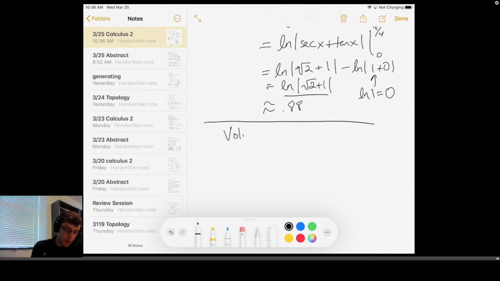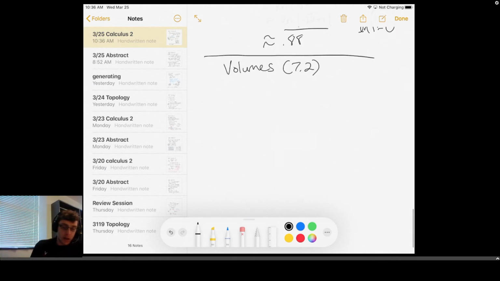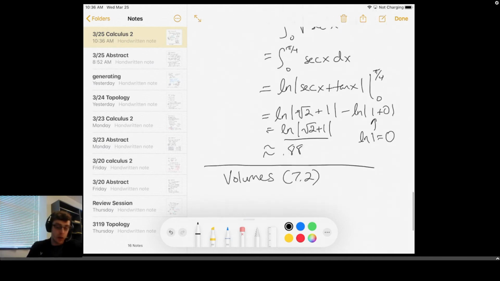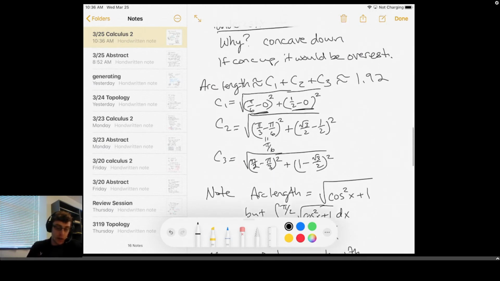All right, so volume, this is like 7.2 in our book, if you want to follow along. The idea here is, if we want to see how integration applies, then we want to be summing up things, because Riemann sums are how we get integration. It was the same thing with arc length. How did the integral show up?